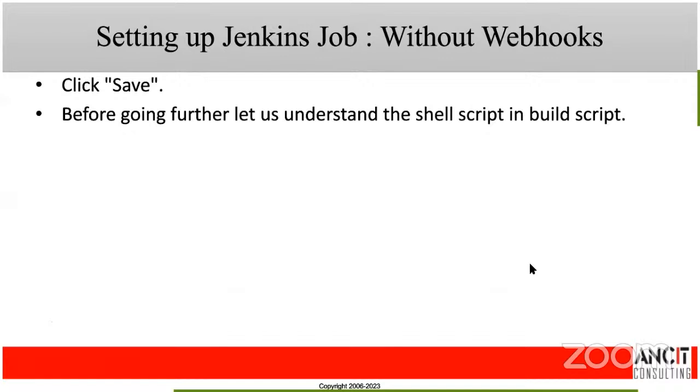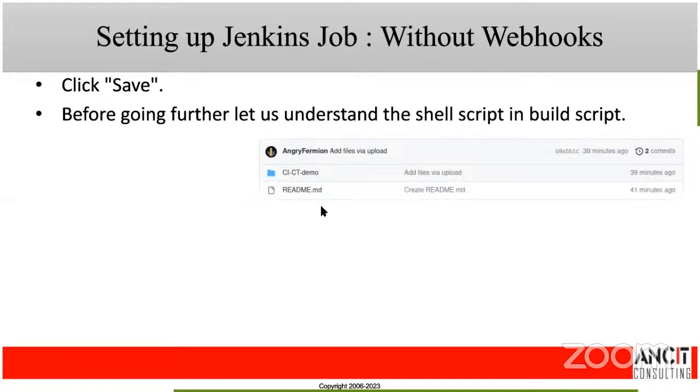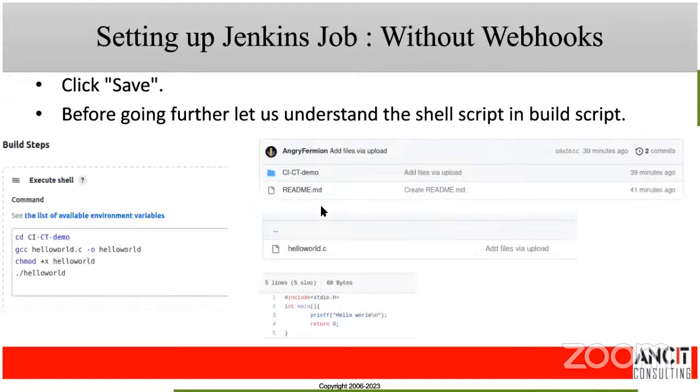Before I go a bit further, I'll just talk a bit about that shell script that I had. In the build steps, the shell script is provided. This is my shell script on the left. You can see that I go into the directory called CICD demo, and on my right you have the snapshots from my GitHub.